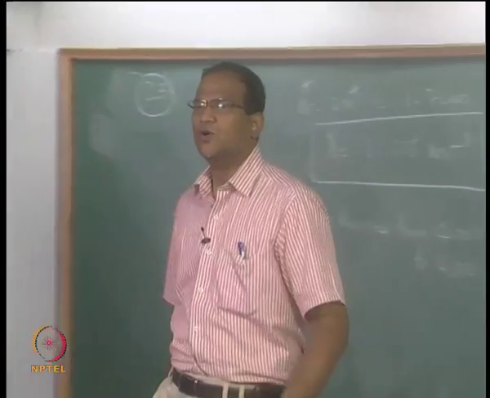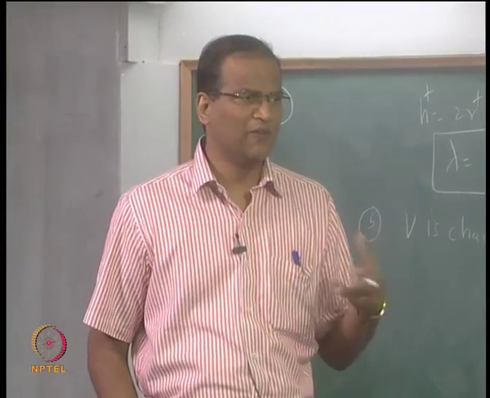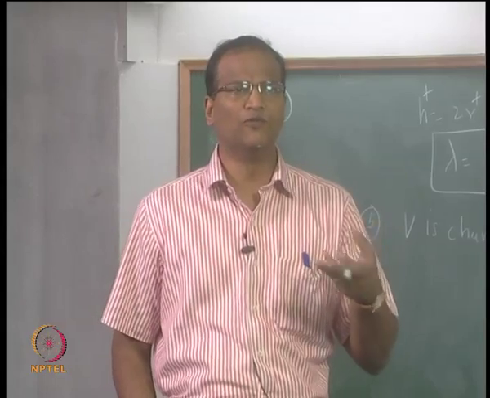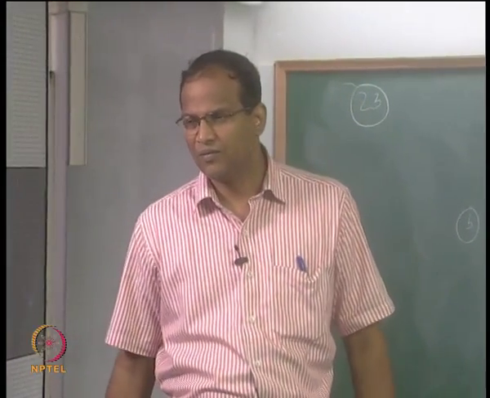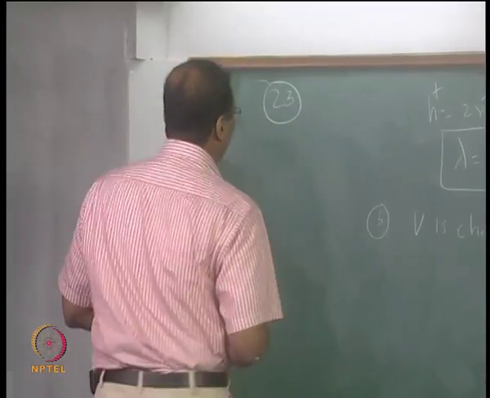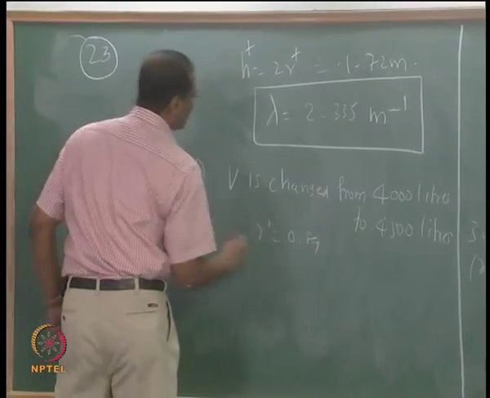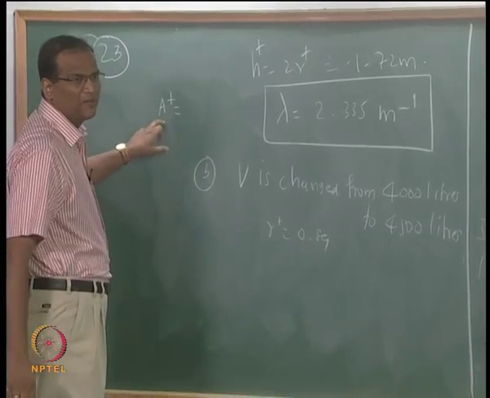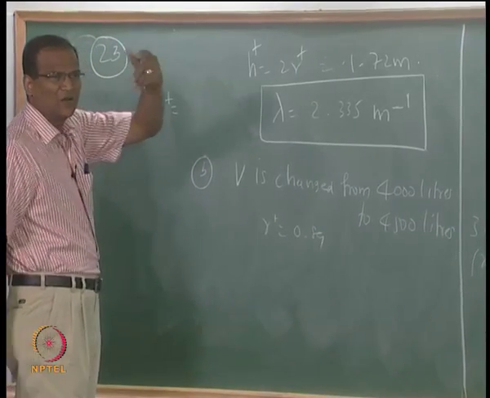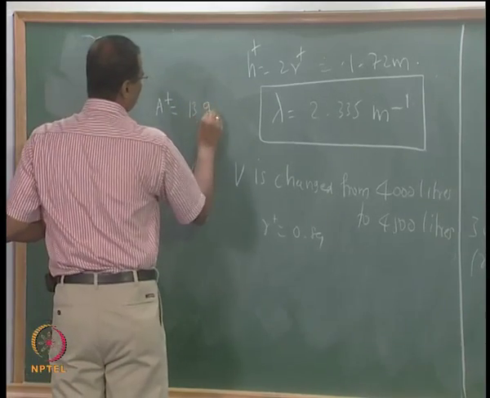okay. So, we are trying to interpret lambda. In order to do this, it will be better if we rework the problem with a new volume of 4500 liters instead of 4000 liters. R is 0.89, okay, R plus. What is A plus here? 13 point, the same thing as you got before, 13 point meter cube, meter square.